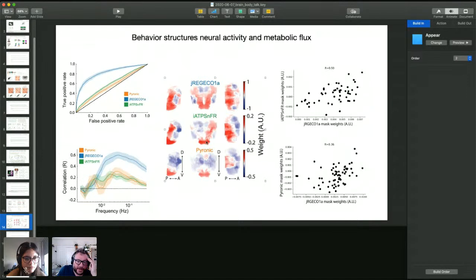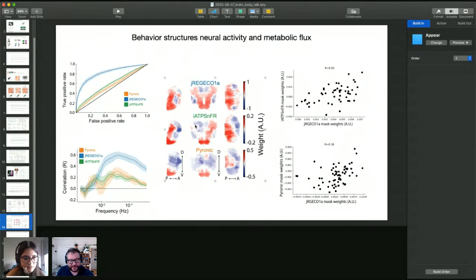The idea was that we were trying to see if patterned activity would also produce patterned metabolic flux. This is a very fMRI-inspired idea, where the BOLD signal itself is a neural activity proxy, but more importantly, a metabolism proxy, blood flow itself, of course.